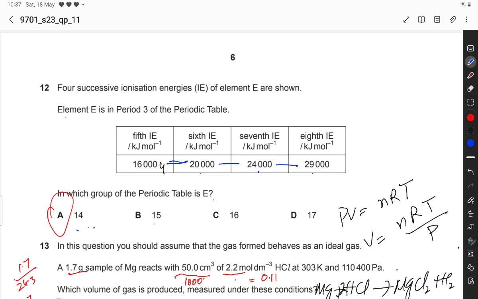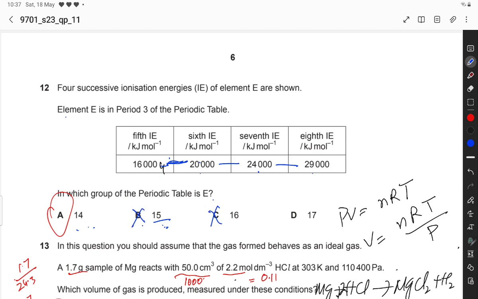But why could it not be in group 15? Because in group 15, 5 electrons are present in the valence shell, so there is no big difference between the 5th and 6th electron, so that's why it could not be 15.